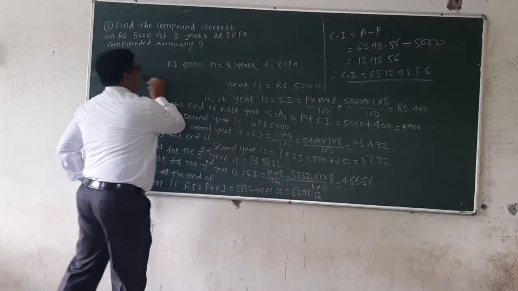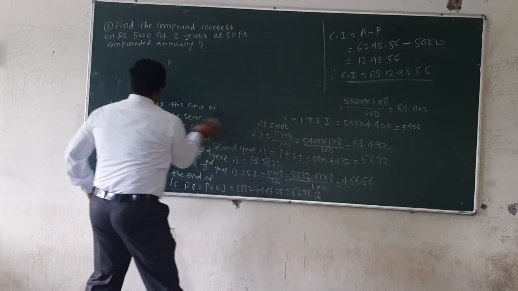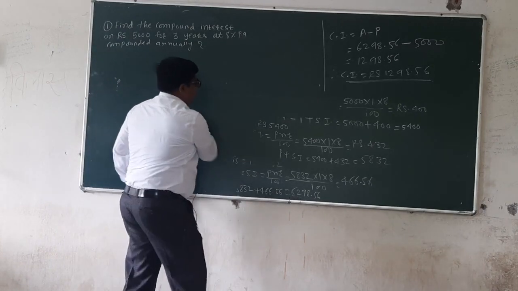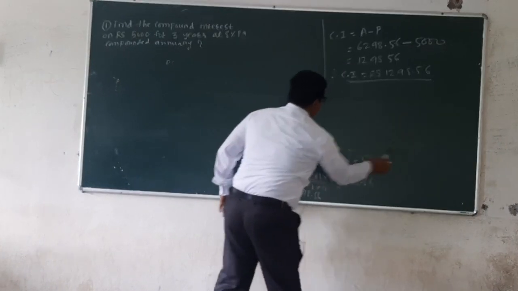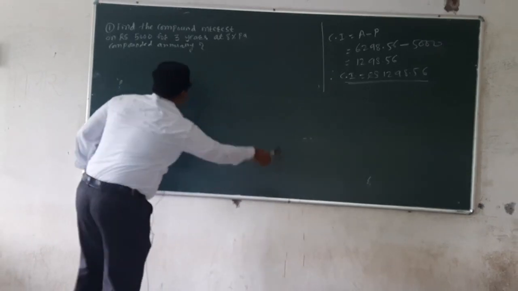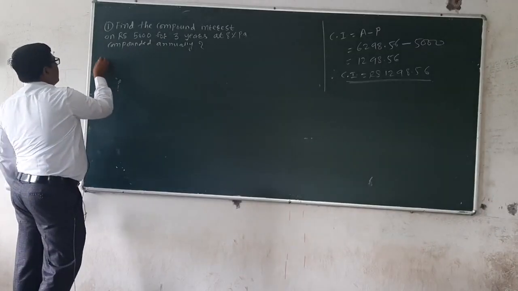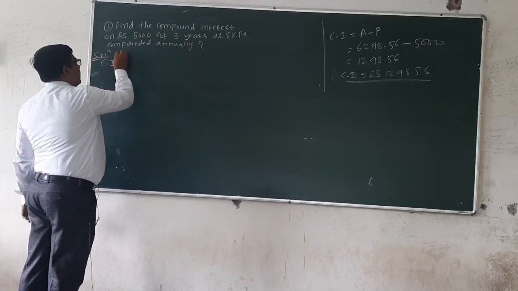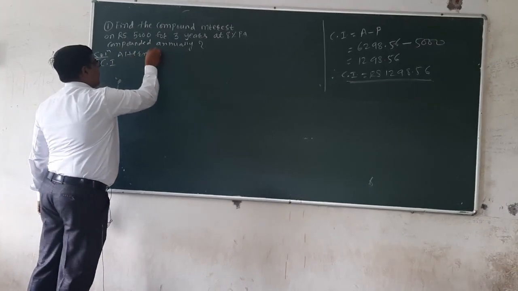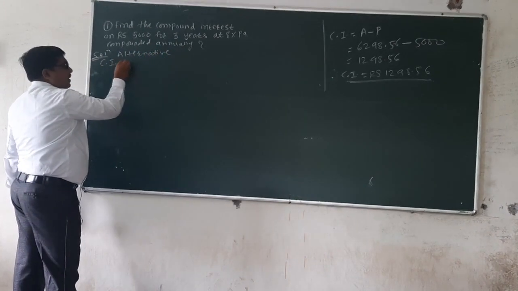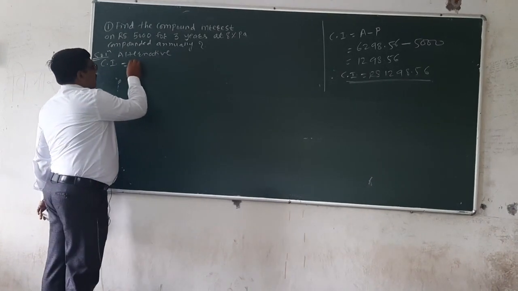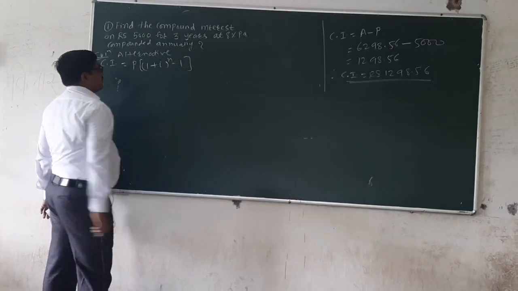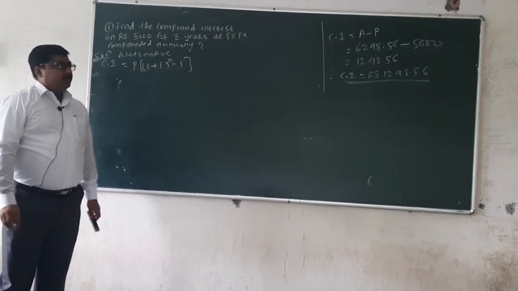This alternative method for the compound interest solution: compound interest equal to P into the bracket 1 plus I raised to power n minus 1.